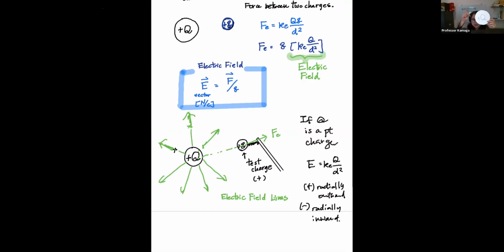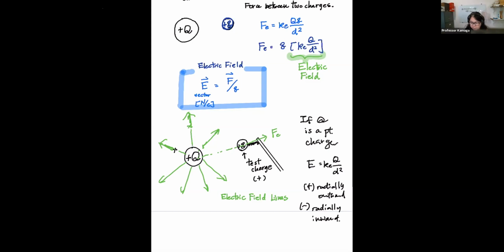Do you see it? You bring this little charge here and then measure the force, but without it, you can imagine there's going to be an electric field line. If you bring it, you feel the force. Bring it, feel the force. And this green line is there. This electric field line is there without the little test charge. It's just created by this one charge.